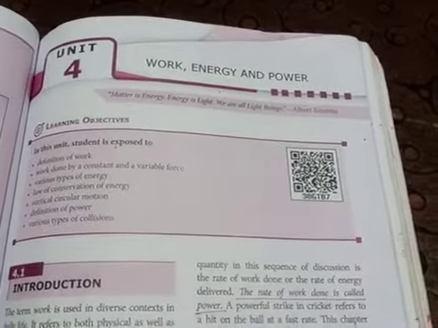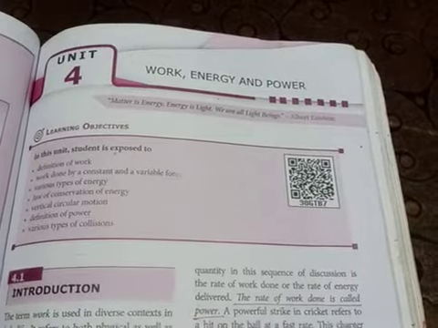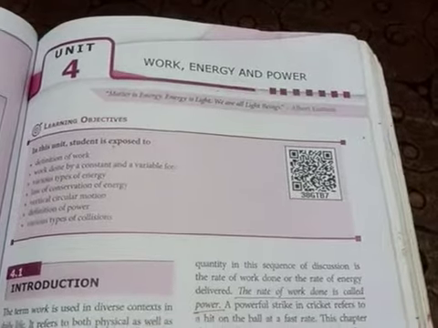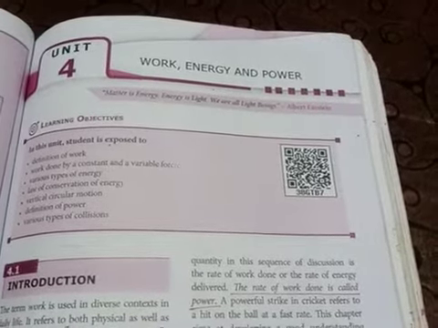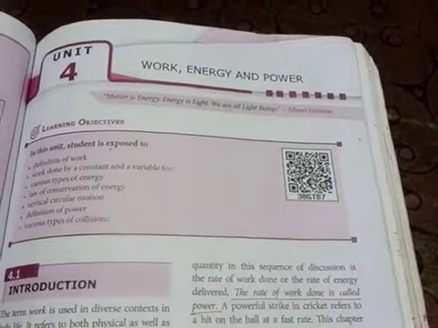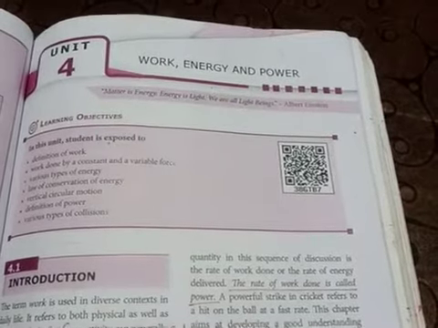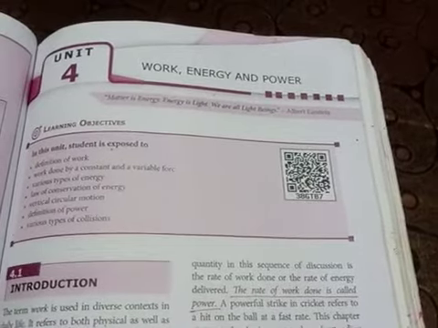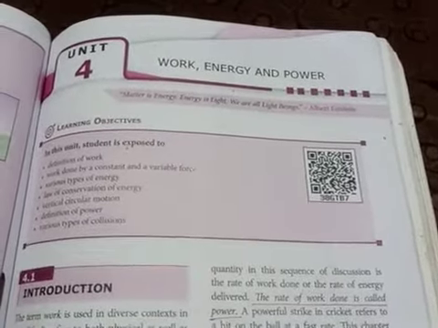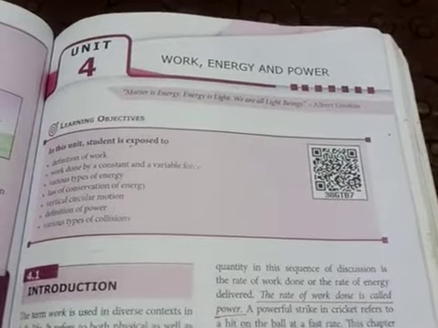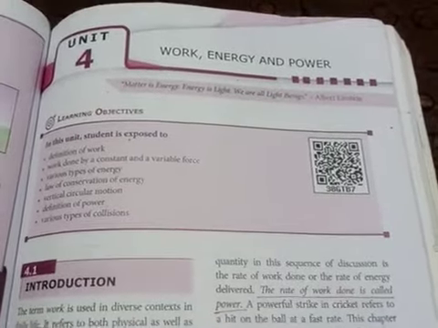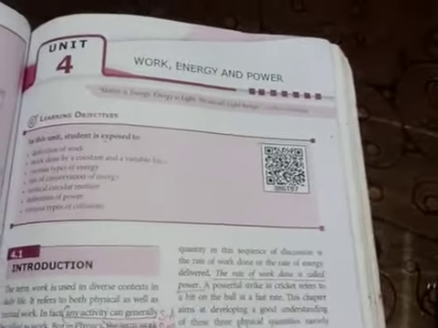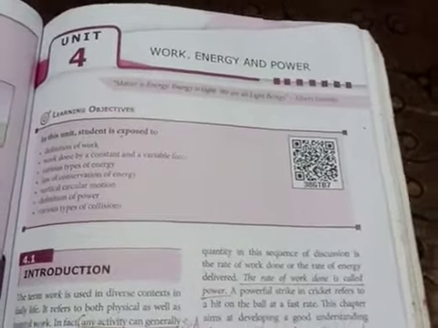If they hit a powerful strike in cricket, it is because they hit the ball at a faster rate, within a short time, very fast. That is what we call power. We will discuss this power and the power equations in this unit. That is the introduction part.